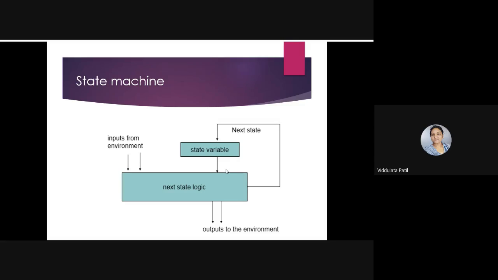So this state variable as well as the inputs from the environment decide what the next state is. This next state again decides the next state variable, and from that we are going to decide the outputs. So these are the outputs to the environment.